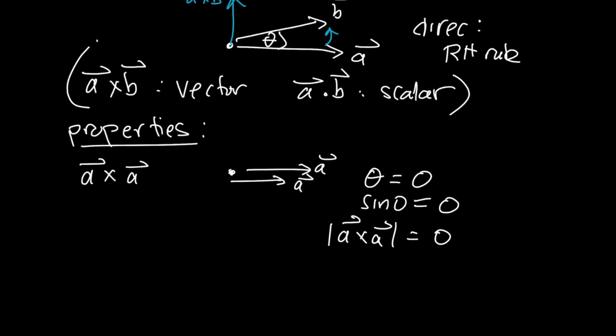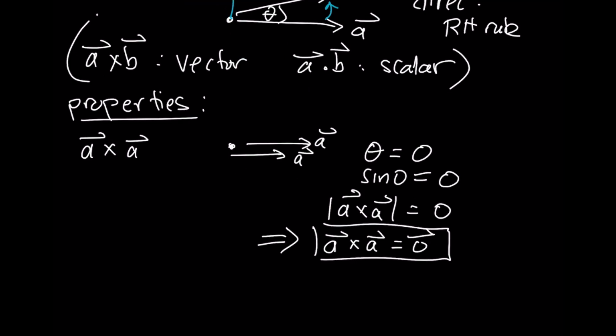If you have a vector with a size of 0, then the only vector that can produce a size of 0 is the 0 vector itself. A vector crossed with itself is 0. And this is a test for being parallel.